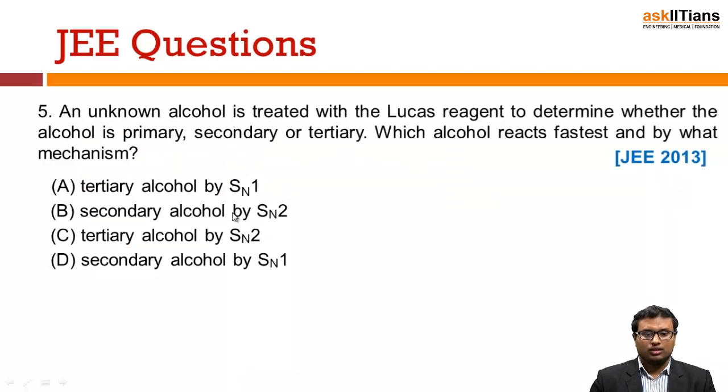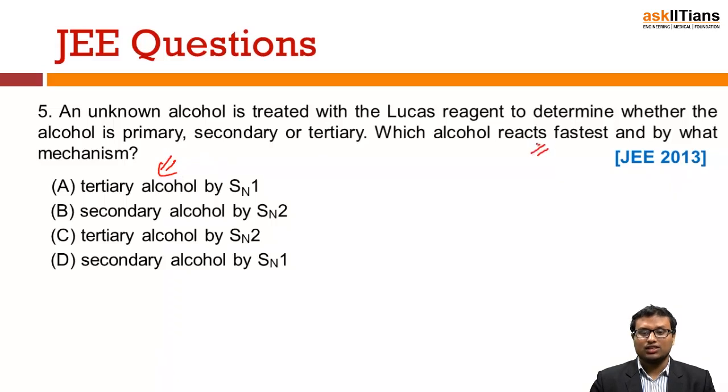So next question. An unknown alcohol is treated with the low-cost reagent to determine whether the alcohol is primary, secondary or tertiary. Which alcohol reacts fastest and by what mechanism? You know that in Lucas test, tertiary alcohol reacts fastest.